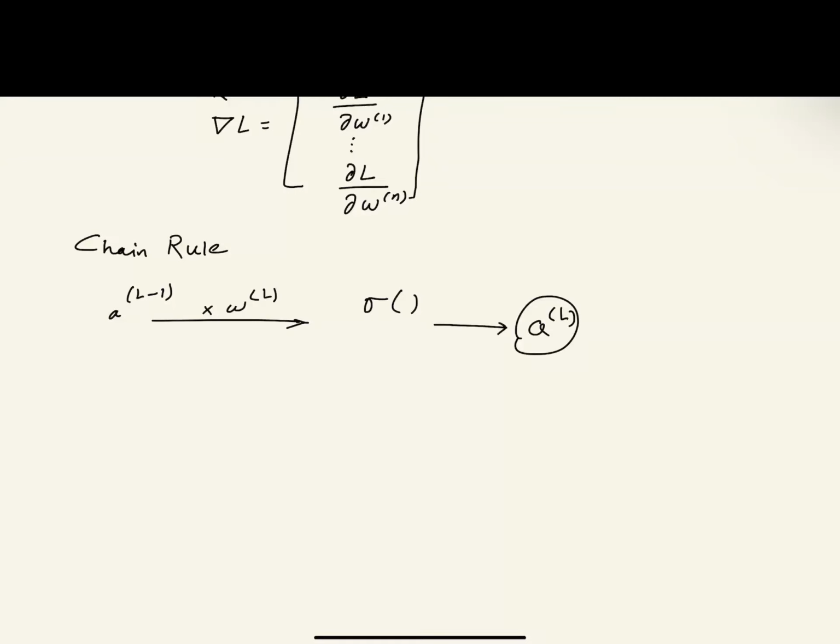Recall that we had the bias term here that I melted to be inside the W's. Just to simplify my notation, I'm going to melt this into the weight, which of course means that I'm adding a term 1 to this vector.